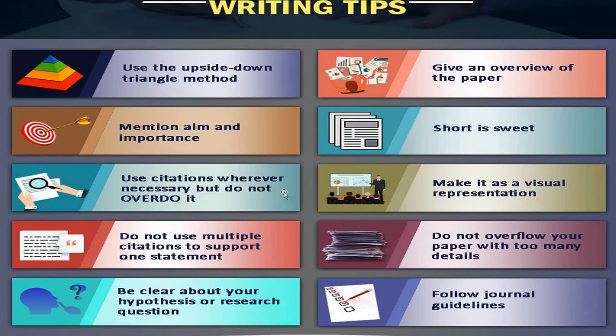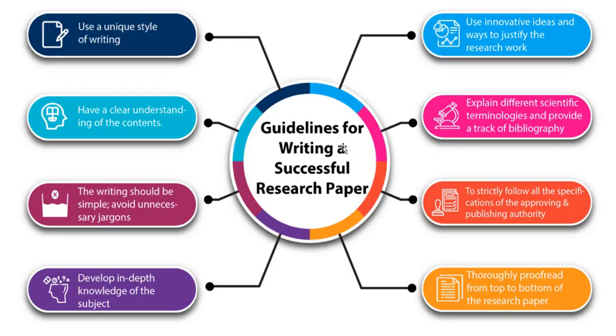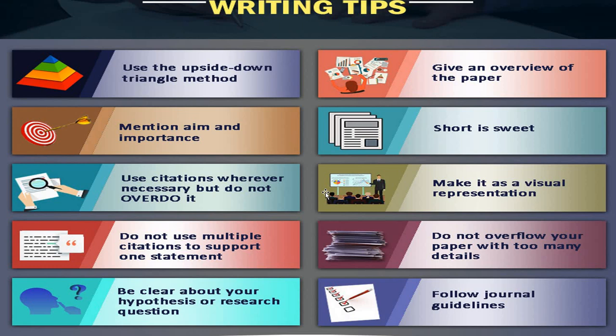Next, this is the best way to create writing tips. If you want to write the best research paper, you must follow these guidelines for writing a successful research paper. These are the general tips to write your best manuscript.